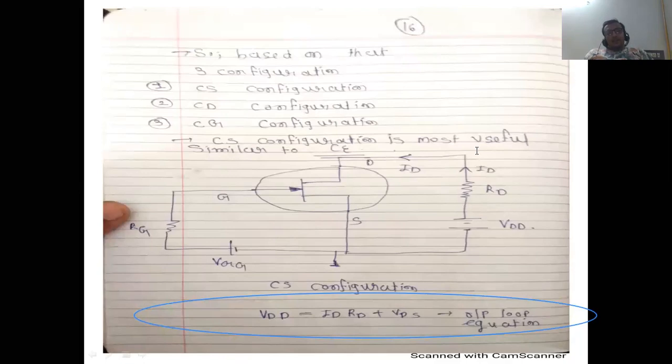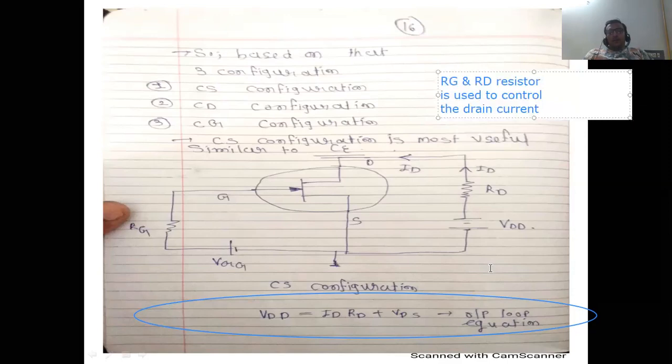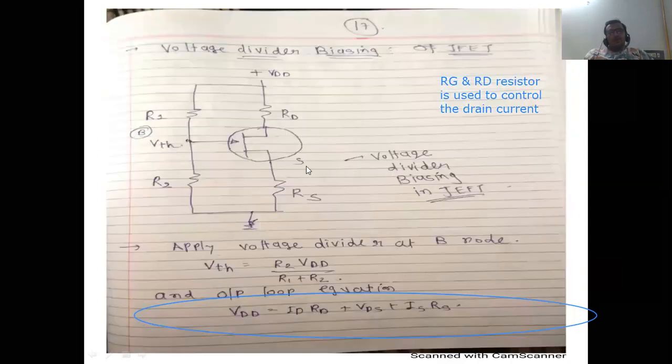RG and RD resistors are used to control the drain current. So it is the output loop equation related to common source configuration.